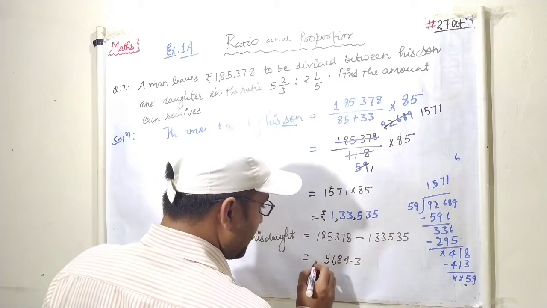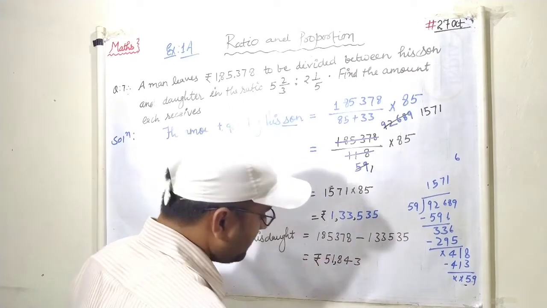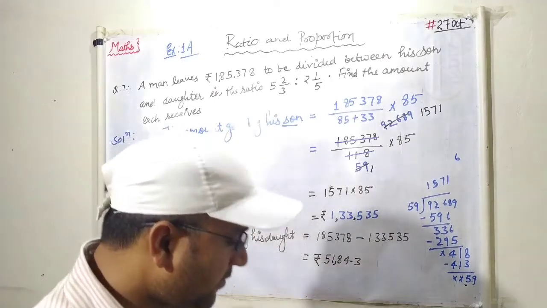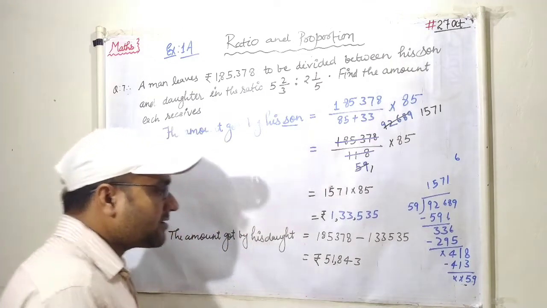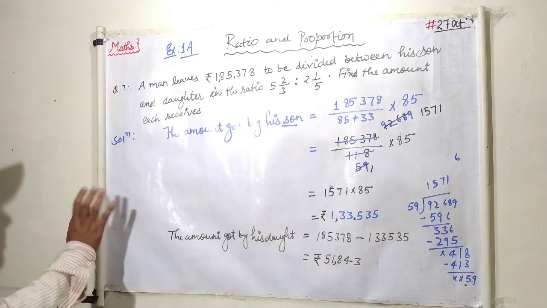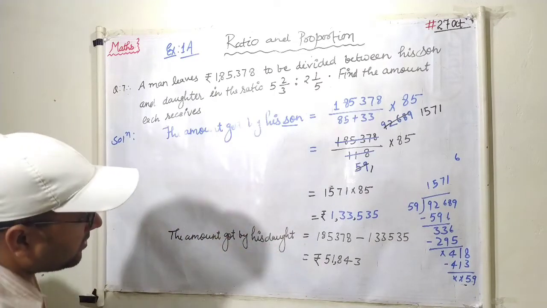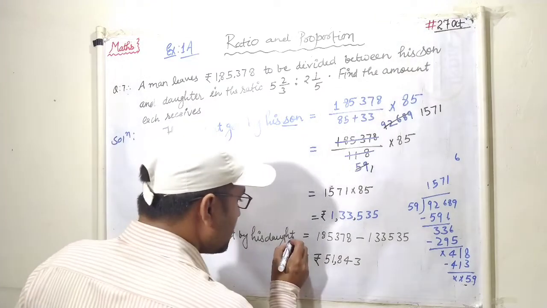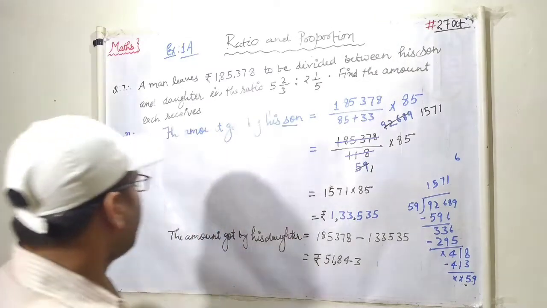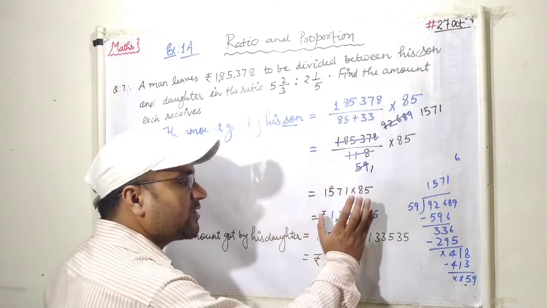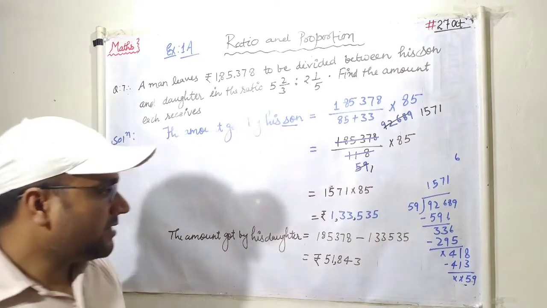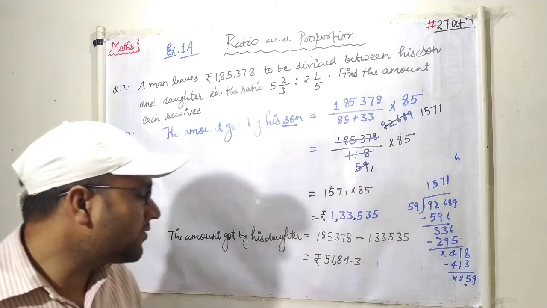So you will get rupees 51,843, the amount got by his daughter. The amount got by his daughter is equal to the total amount minus the amount of his son.